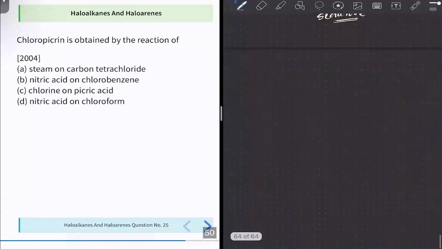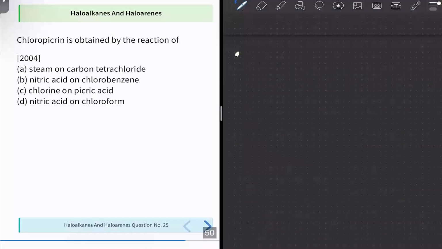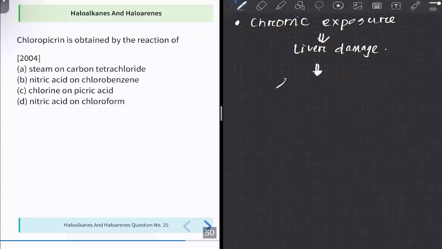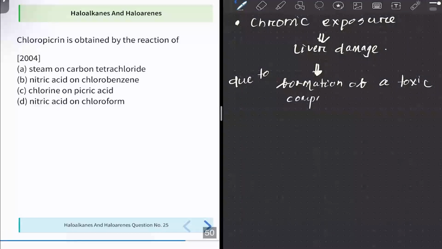Then chronic exposure to chloroform will lead to liver damage, due to the formation of a toxic compound, that is phosgene.